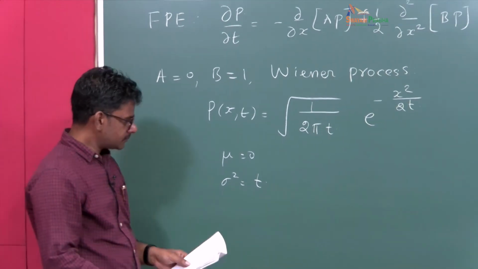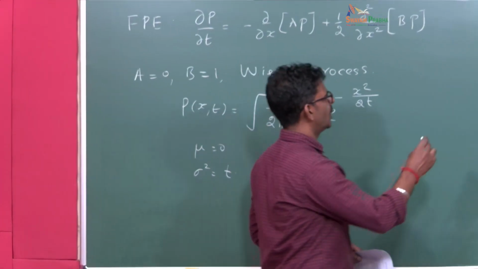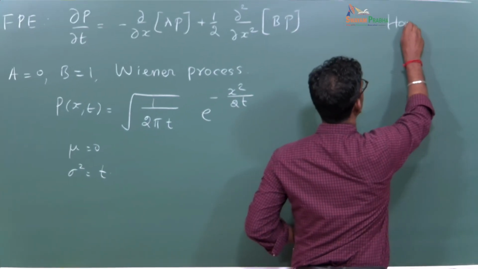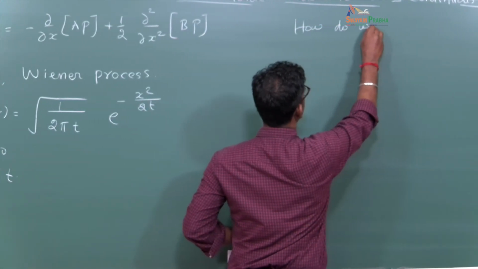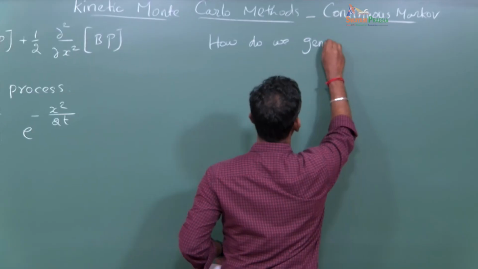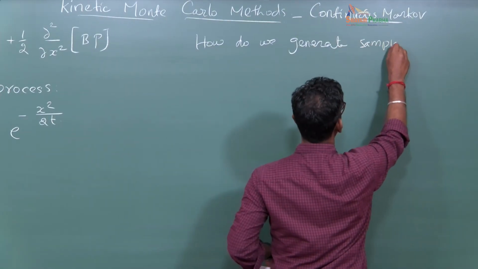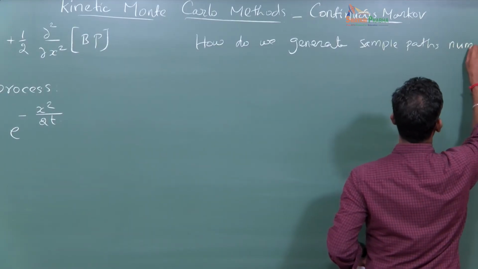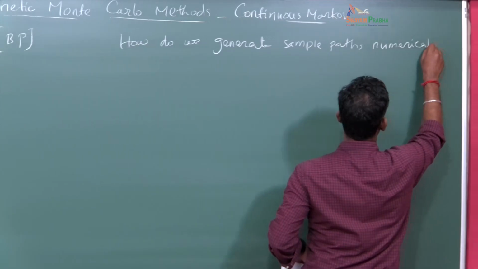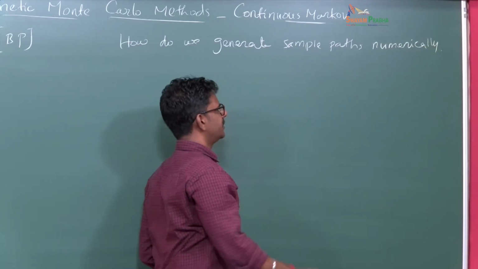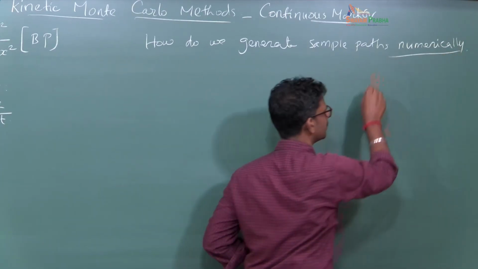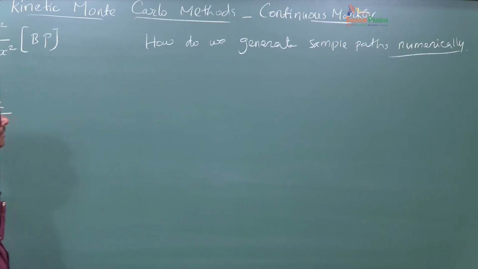So the real question here is, how do we generate sample paths numerically? This numerical method is what we call the kinetic Monte Carlo methods.